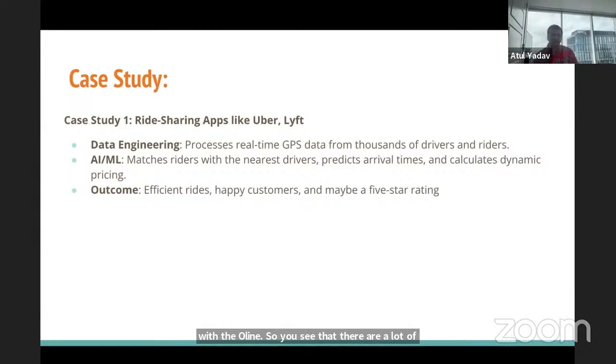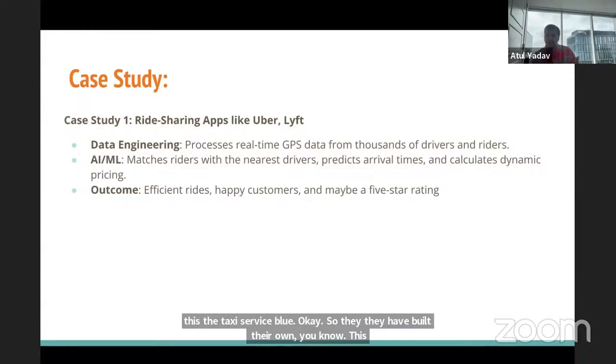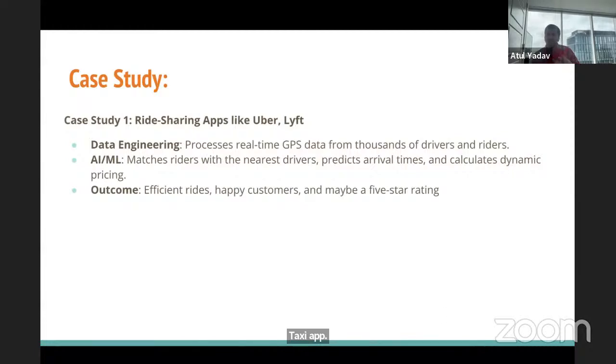Like if you have heard about the taxi service Blue, they have built their own taxi app. They have their own cars. So they also want to build something similar to this Blue. Now these guys want to create an app that basically connects riders and drivers in real time.